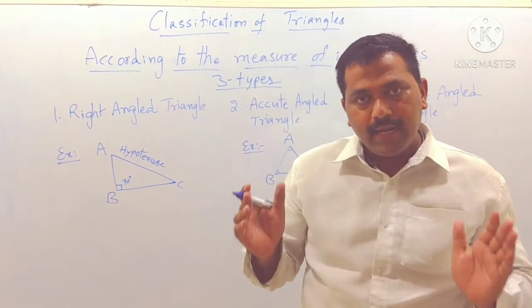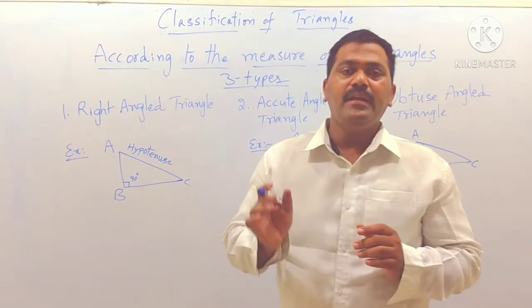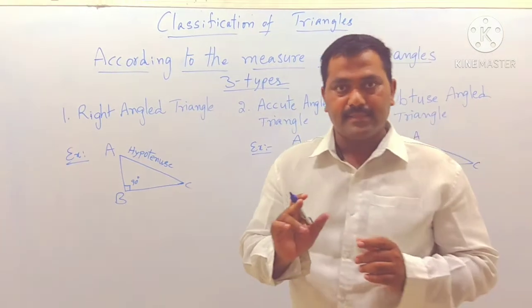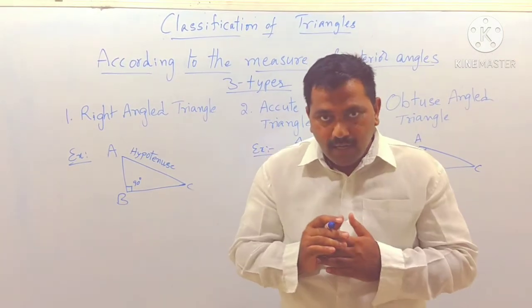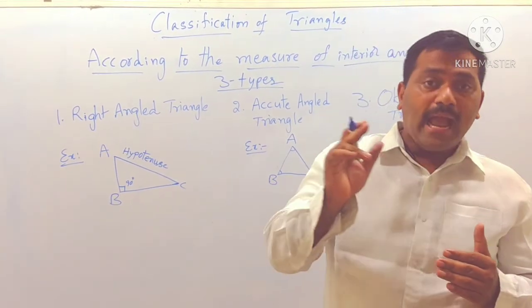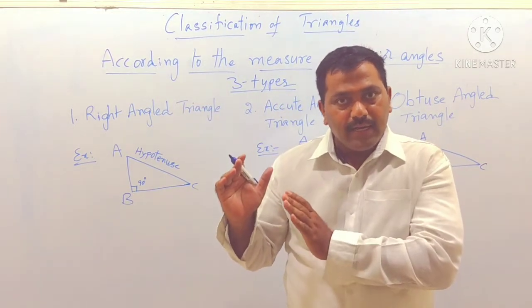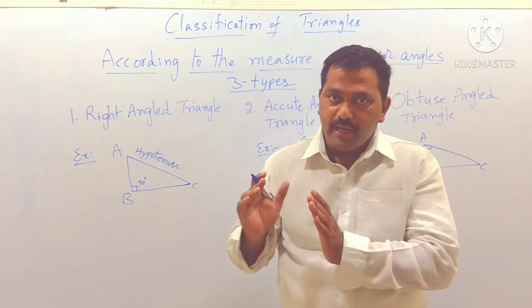What is right angle triangle? In a triangle, if any one angle is 90 degrees, that means right angle, then the triangle is called right angle triangle. What is right angle?